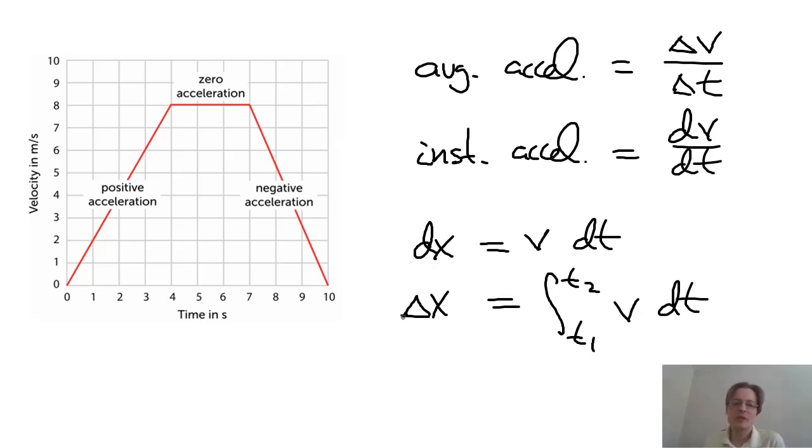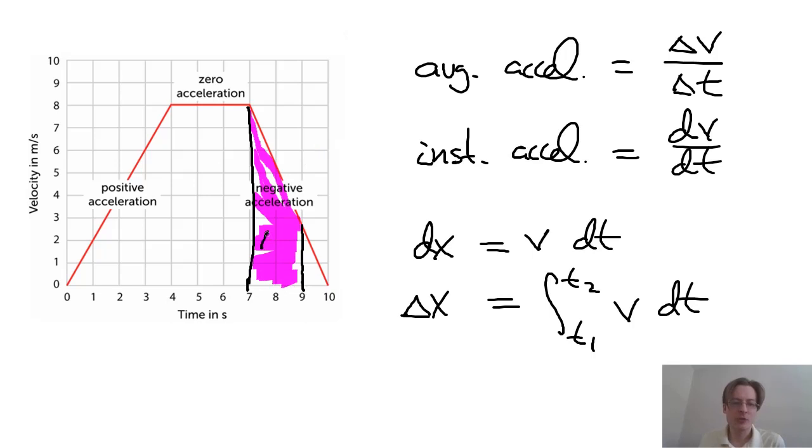The point is, I can find displacement from time 1 to 2 by looking at the area under the velocity graph. So for example, I can find the displacement of the car from 7 to 9 seconds. I just have to look at the area of the velocity graph from 7 to 9 seconds. So I'm looking at this area here.